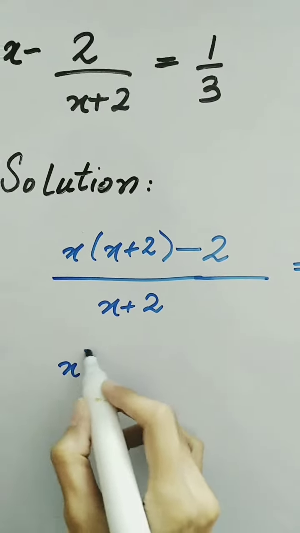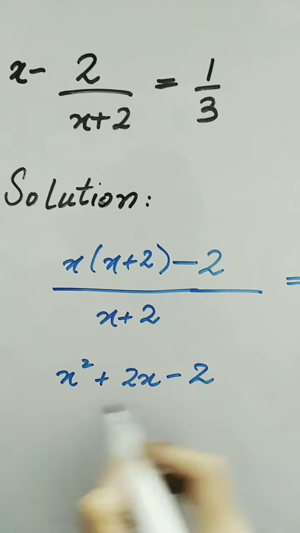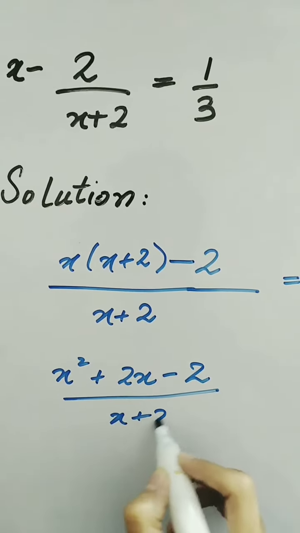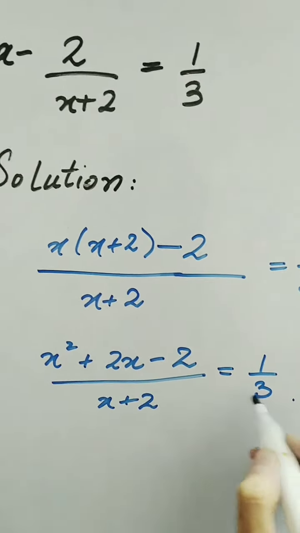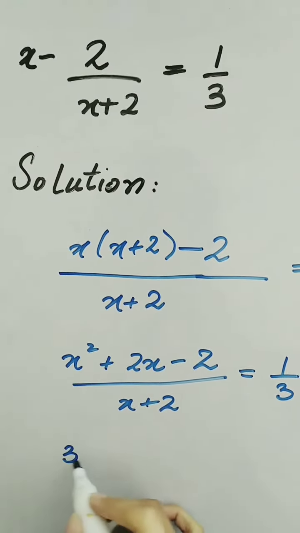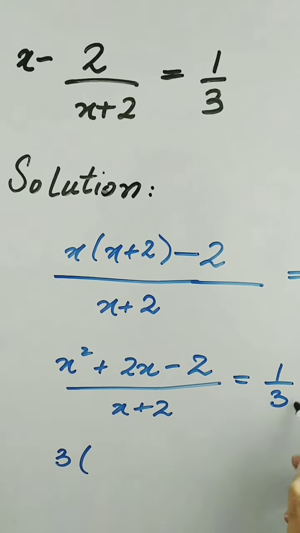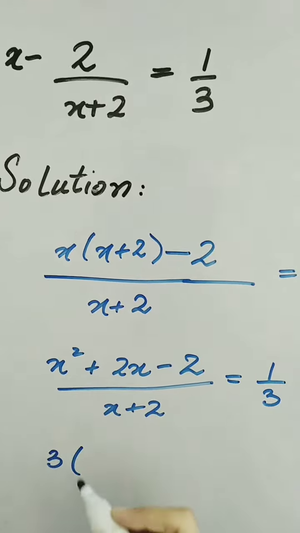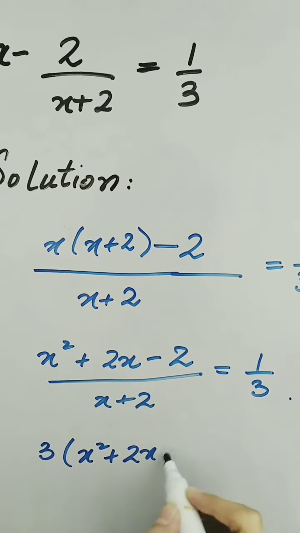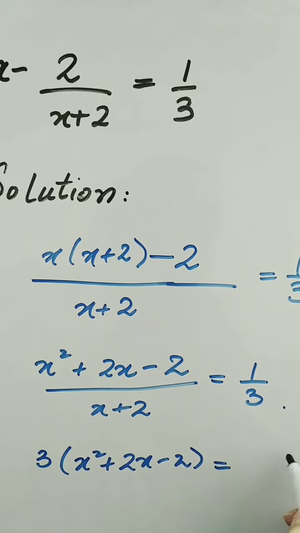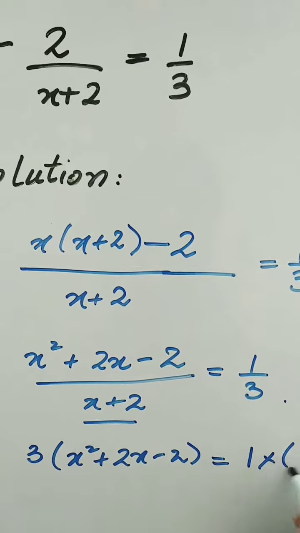Now we have x square plus 2x minus 2 over x plus 2 is equal to 1 over 3. Now this 3 is going to multiply with this term. As this 3 moves to the other side, it is in the denominator and it comes into the numerator, and multiplies with the expression x square plus 2x minus 2 is equal to, and this goes there and multiplies with the 1.